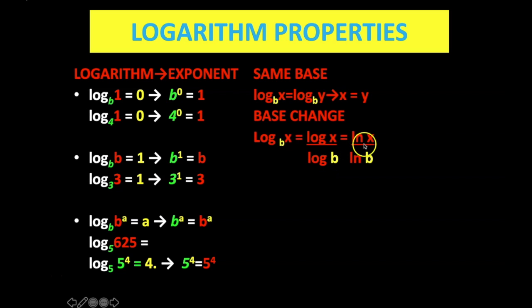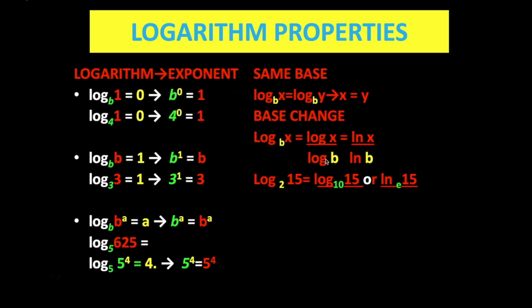There's another version of it using natural log, base e: natural log of x over natural log of b. In a minute, we're going to work one of these out, and you're going to see it comes out to be the same answer. You see, your calculator has base 10 and base e. It doesn't have base 2, as in this problem.